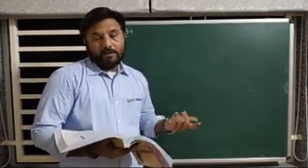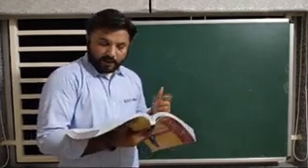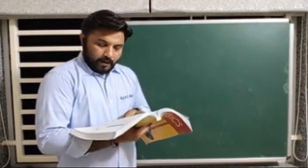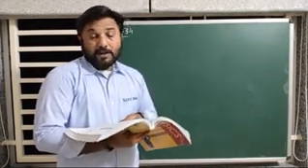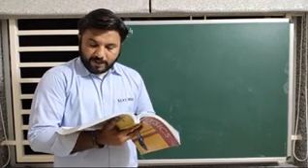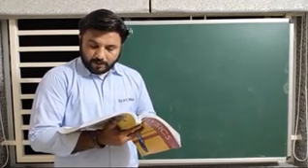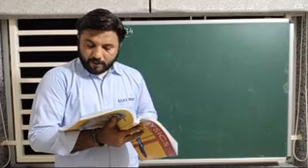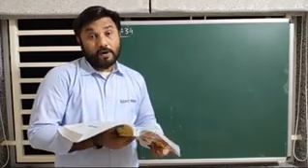And then we go straight away to illustration number 4.7. What is given? Consider a tightly wound coil of 100 turns.